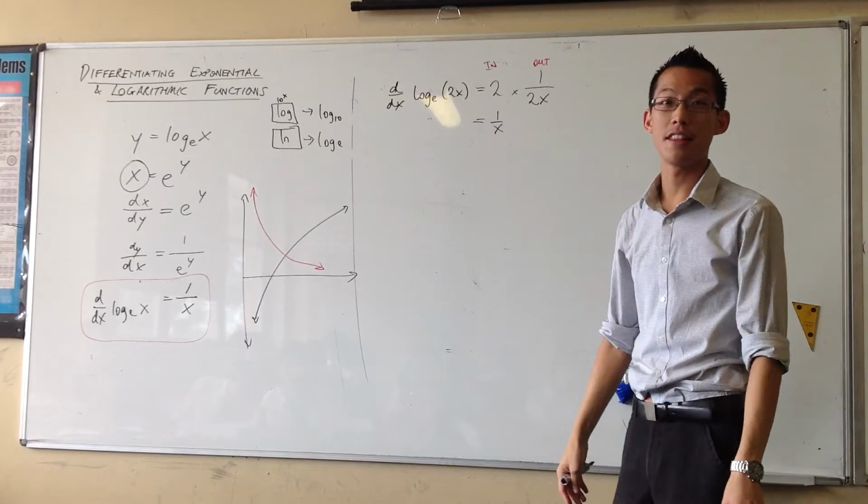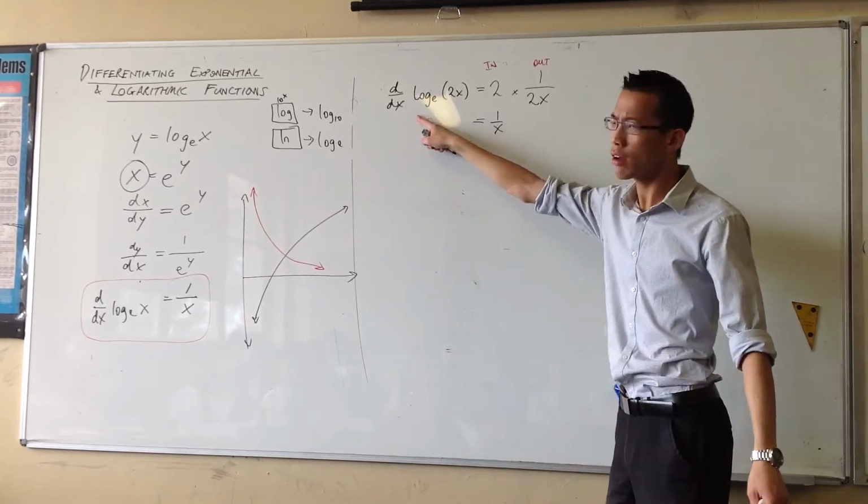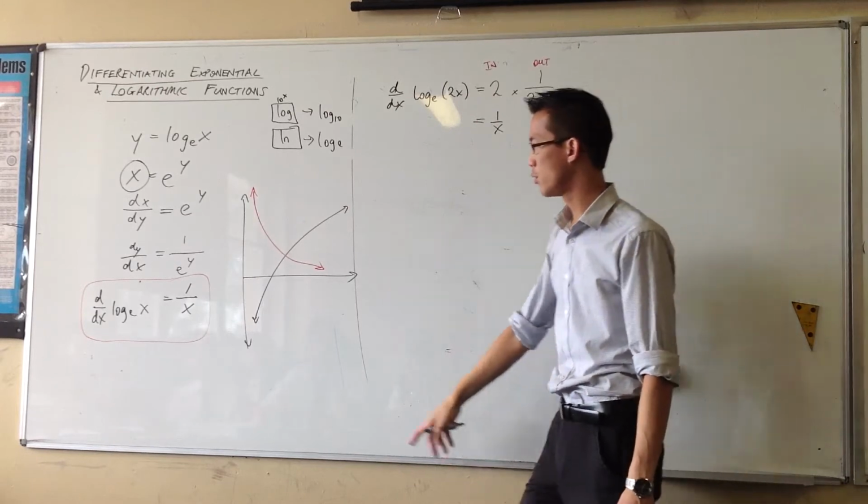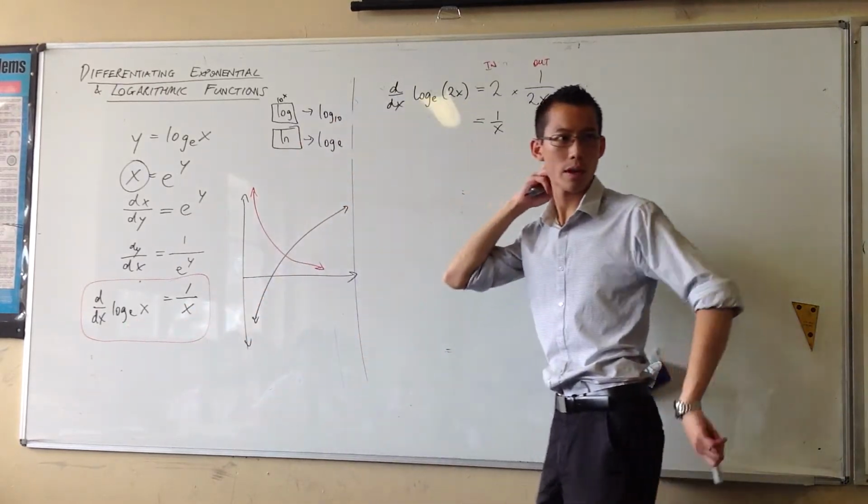Let me ask this question instead. Log e to the 2x. How does it look different to log e to the x? Remember those questions?